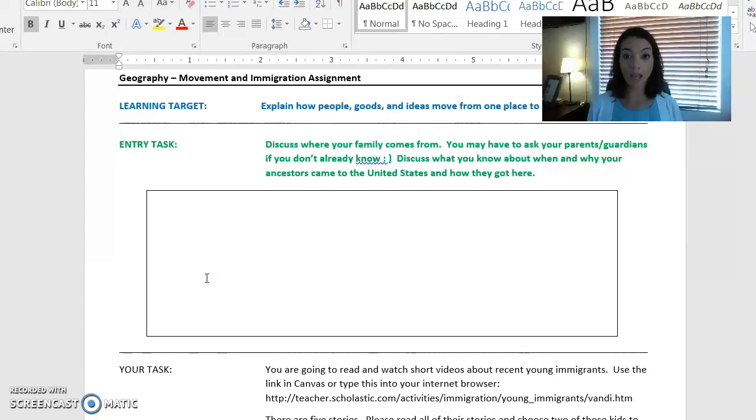But then, as the war went on, they immigrated to the United States and they settled in San Diego, California. So that's how that side of my family came to the United States, and a little bit about the why. It was World War II. He joined up with the Navy, and then he wanted the opportunities for his family that the United States offered. Okay, so what happened with your family? What are your family's stories?